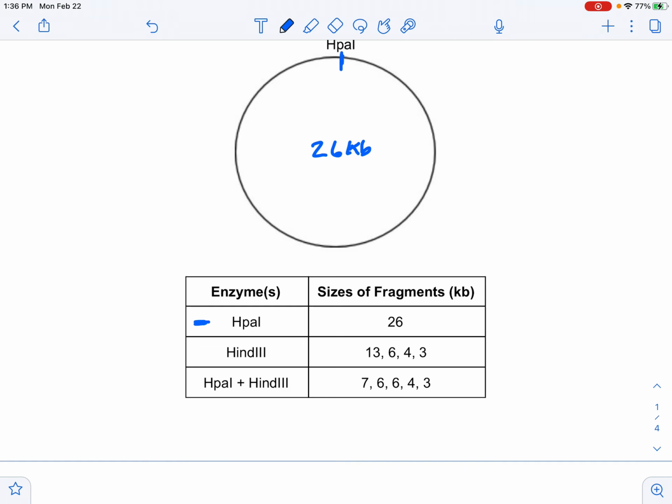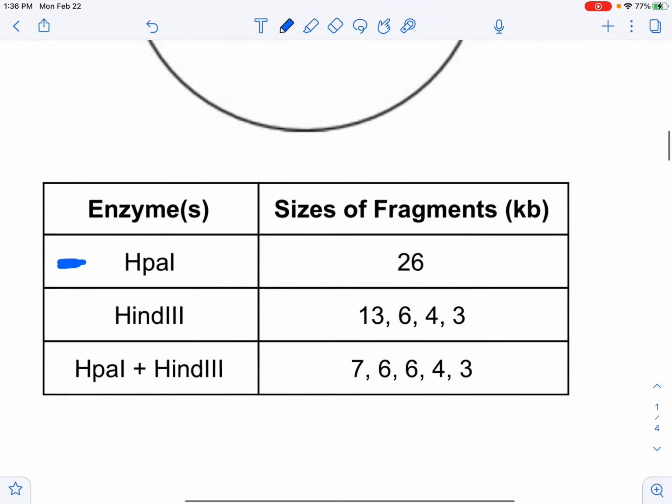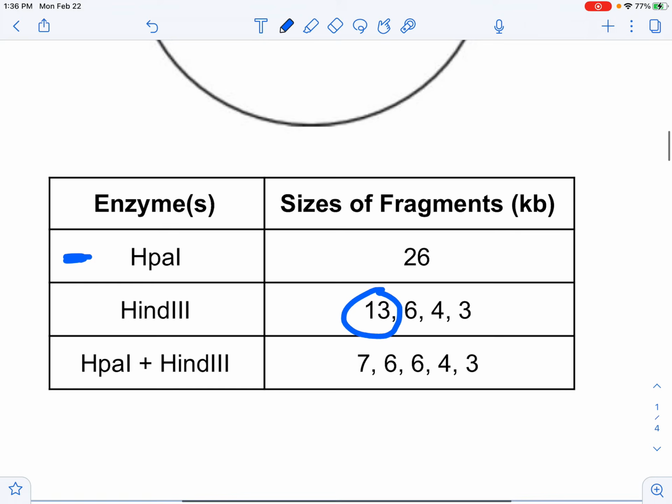If we use HindIII, it's going to make 4 cuts, and one of them must be in the middle of the HpaI cut, because notice that these are the same, these are the same, and these are the same. So this HindIII cut must get cut by the HpaI.